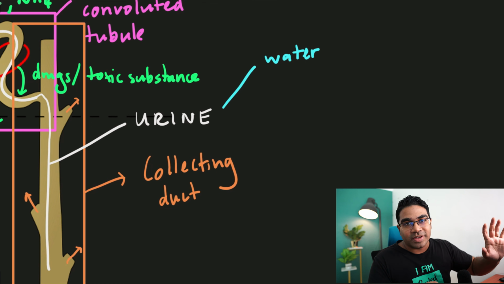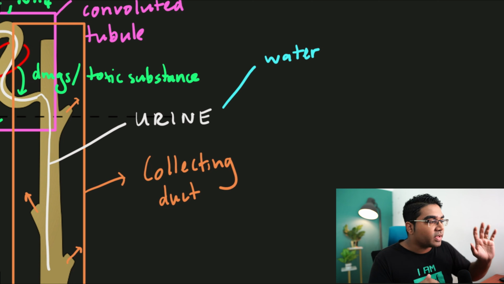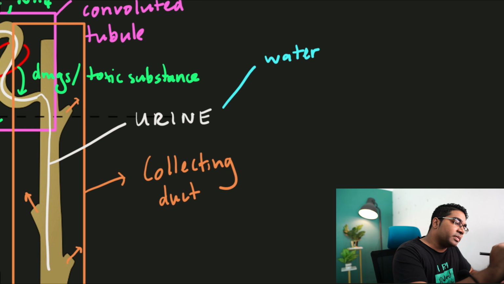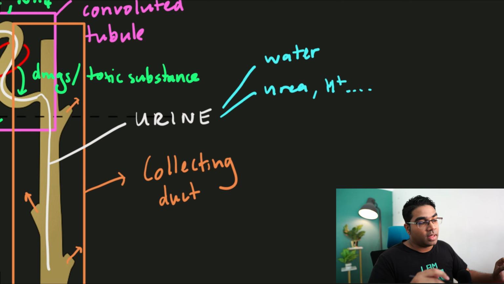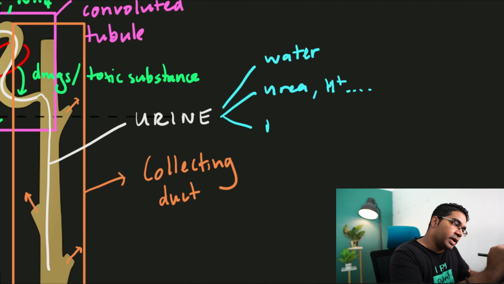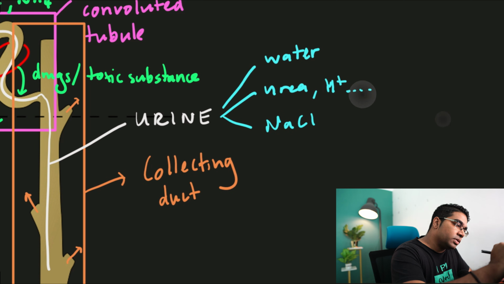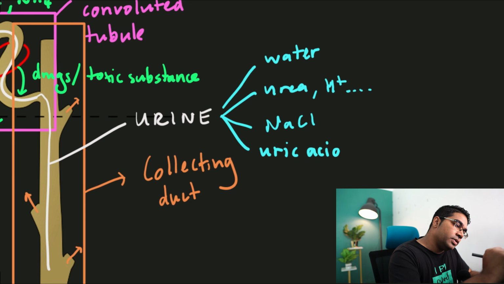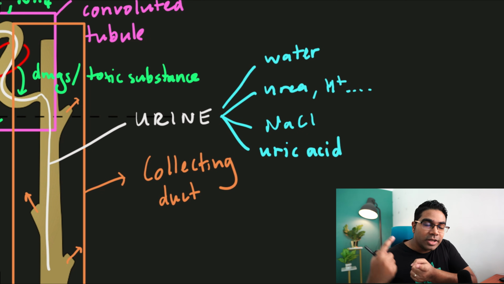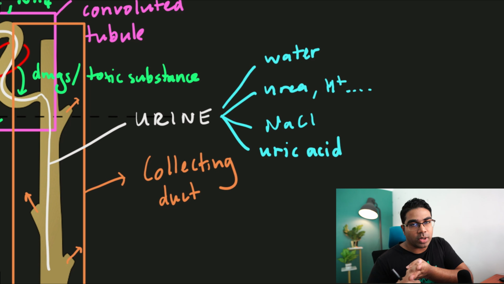So the water that's left here is only around 1%. And we have all the waste substances, that is the urea, the creatinine, and the hydrogen ions, and so on. And then we have sodium chloride, because we have sodium and chloride ions. So we have sodium chloride salt here. We also have uric acid. So again, urine should not contain any glucose, it should not contain any amino acids.